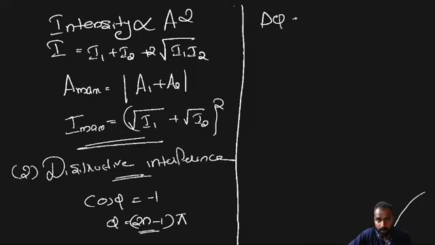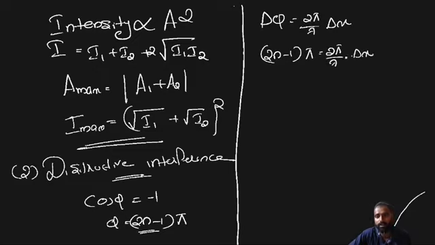Then what is the path difference for this destructive interference? We know delta phi is 2 pi by lambda into delta x. So this (2n minus 1) pi is 2 pi by lambda into delta x, and cancel this pi, then obviously the path difference delta x is (2n minus 1) lambda by 2.